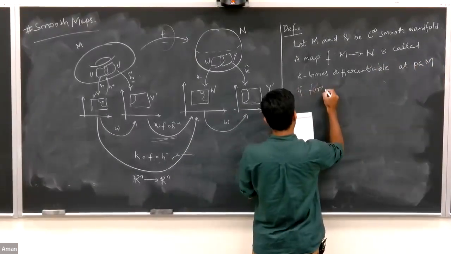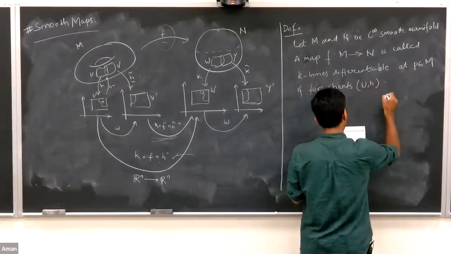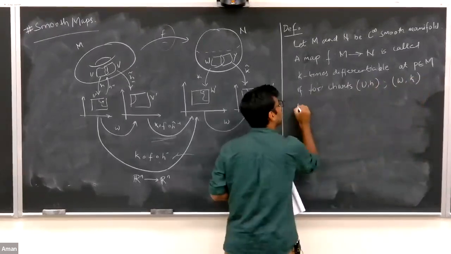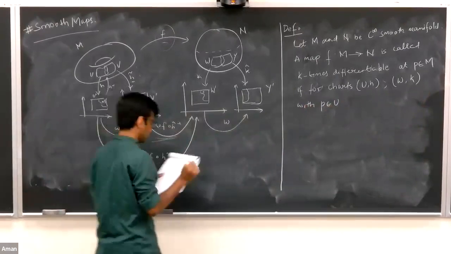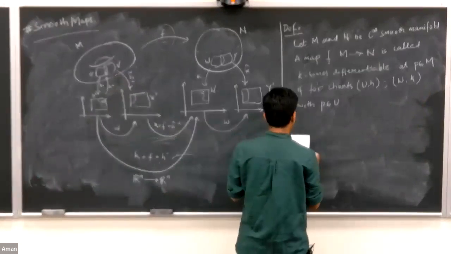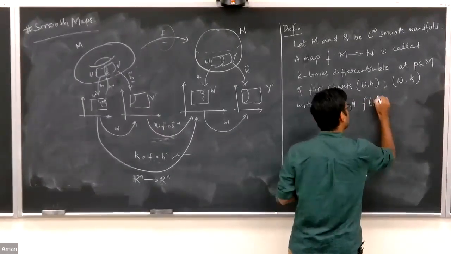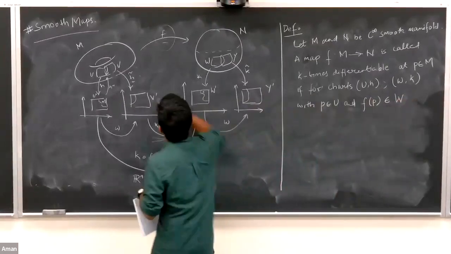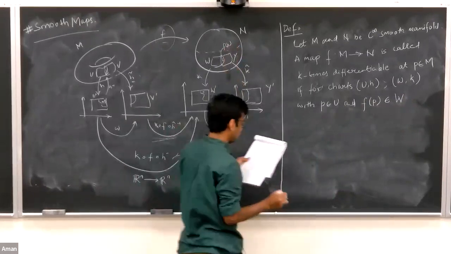for charts (U, H) and (W, K) with P being in U, and the function, when you apply it to P, that value is in W, which means that the image of this function is over here, right?